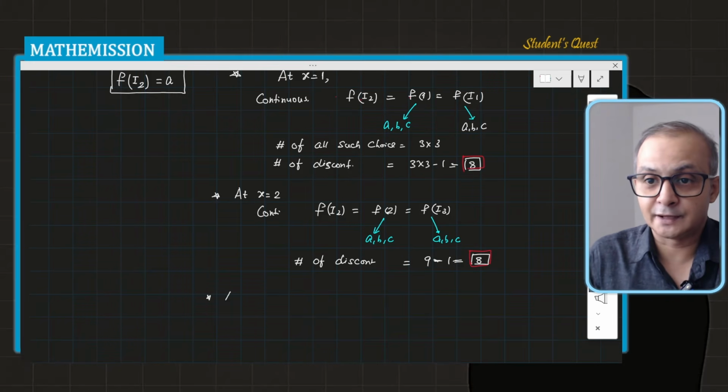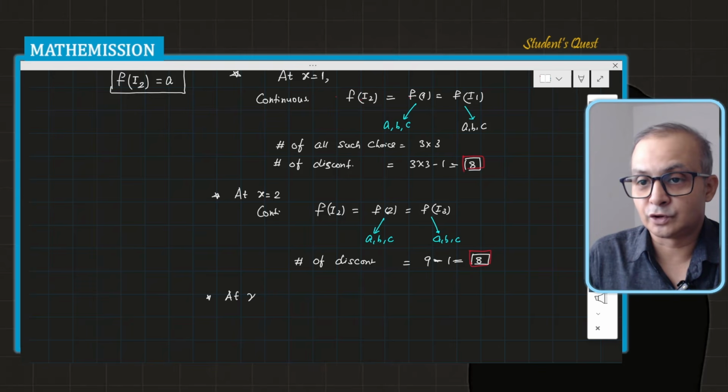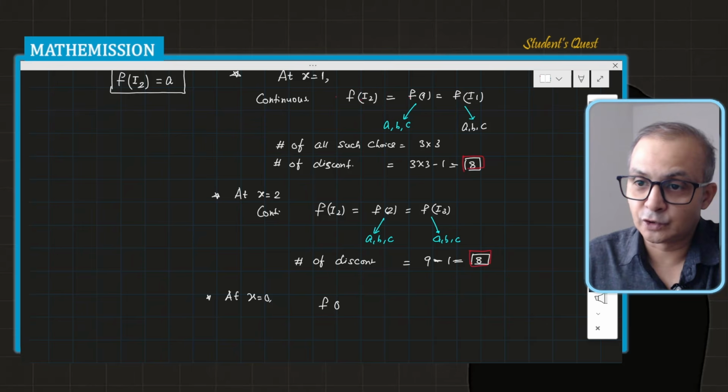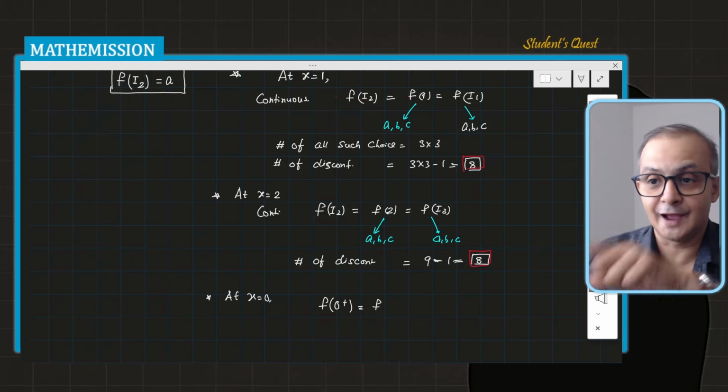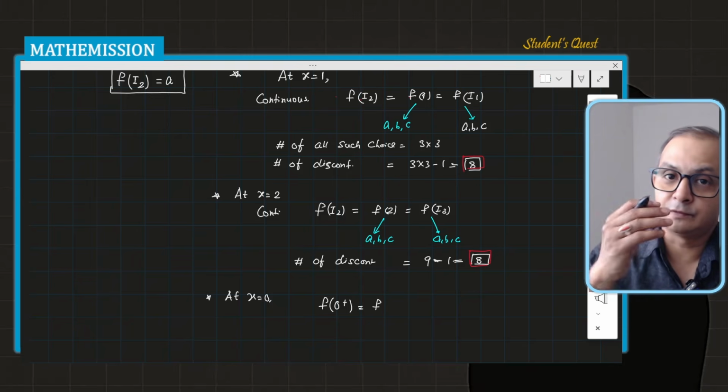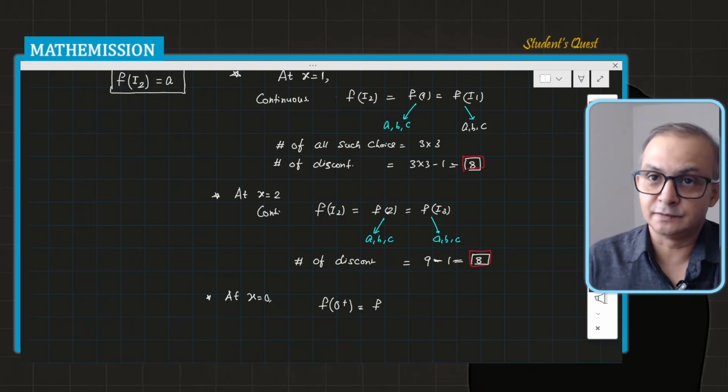Now what will happen at the end point at x equals to 0? If x equal to 0, the f of 0 plus, because the right hand limit must be equal to f of the value at any of the values we take in that interval, means the closure value.